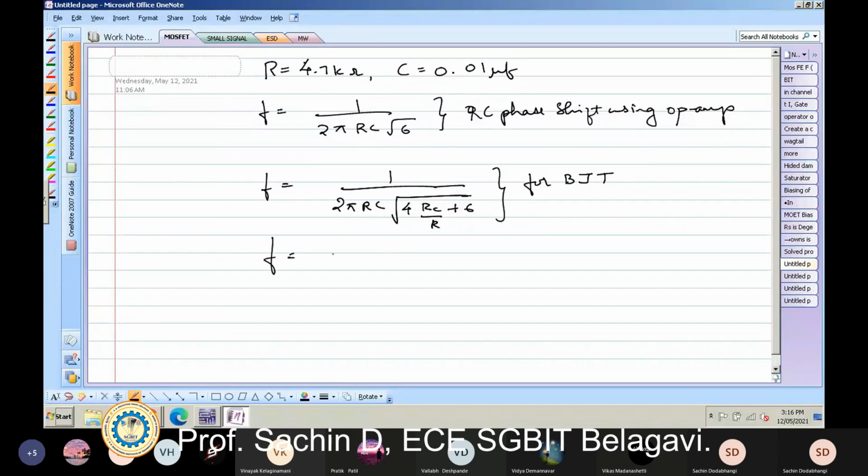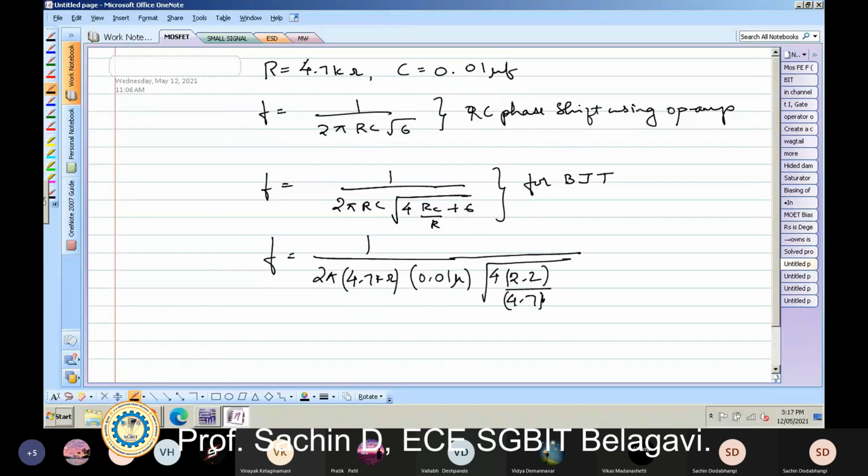So if I want to find F, the frequency of oscillation, 2 pi, R is 4.7 kilo ohm, C is 0.01 microfarad, root of 4 RC over R plus 6. In the design, the collector resistor RC was 2.2 kilo ohm, and R is 4.7 kilo ohm.